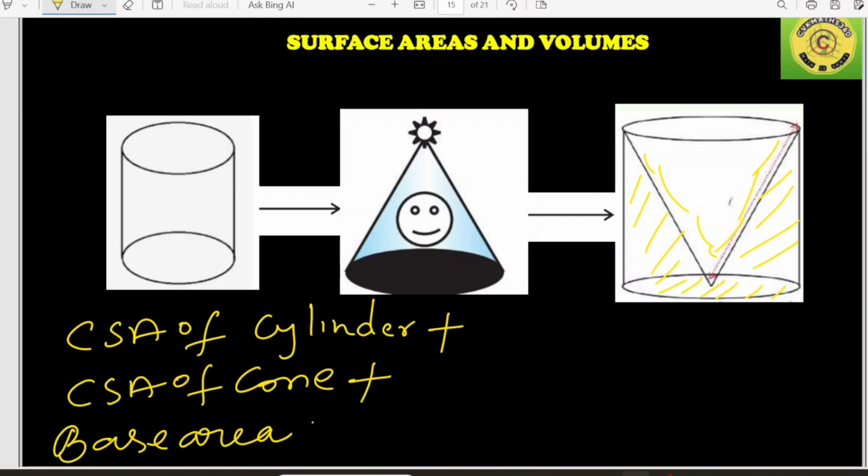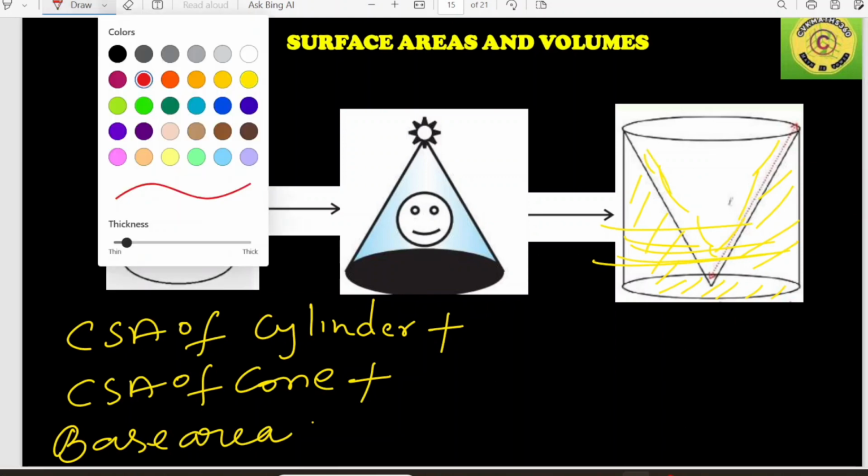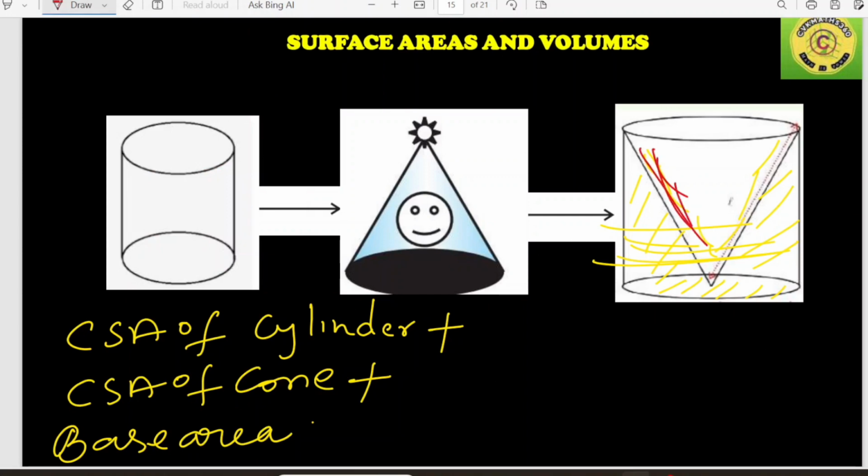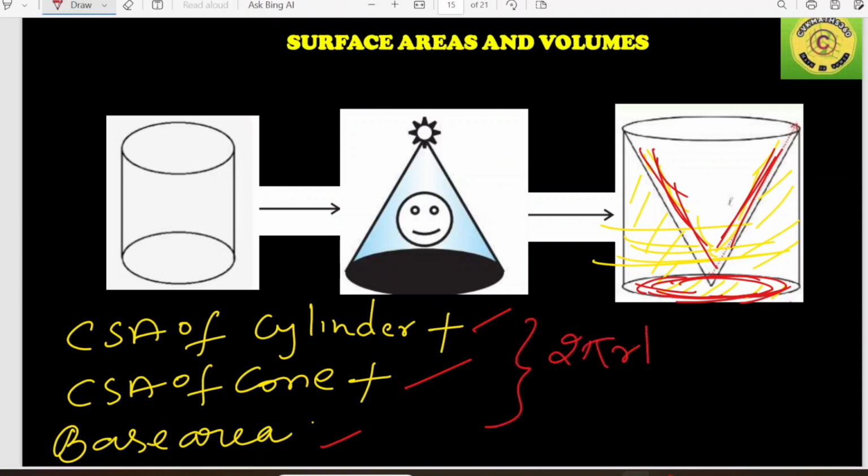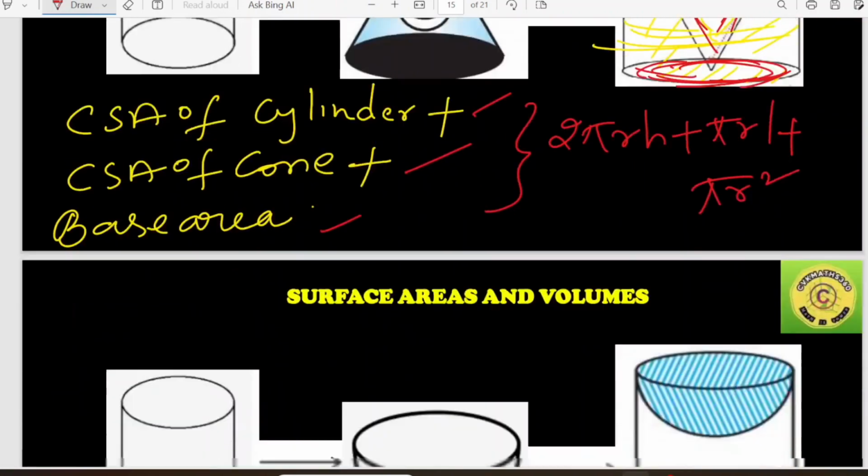The cylindrical shape I need to paint, and inside this conical shape this area also I need to paint, and the base I need to paint. So that's why CSA of cylinder plus cone plus the base area, and we'll get the answer. The formulas here: 2 pi r h plus pi r l plus pi r square plus pi r square.